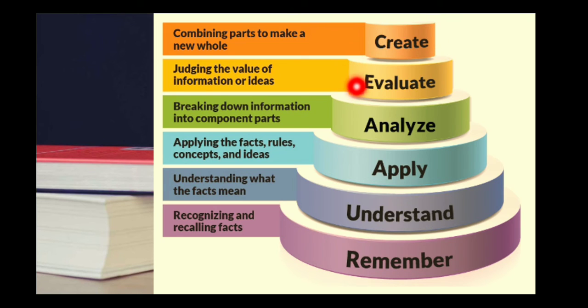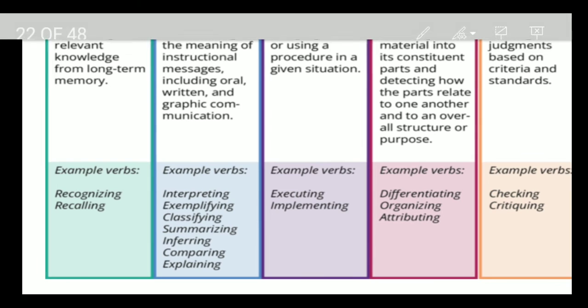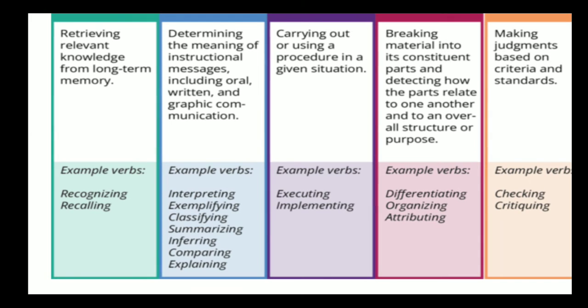Still, creating, evaluating, and analyzing are the HOTS, and remembering, understanding, and applying are the LOTS, the lower order thinking skills. Here we have a very short list of verbs that will help you to write the objectives. For remembering, we have recognizing and recalling.